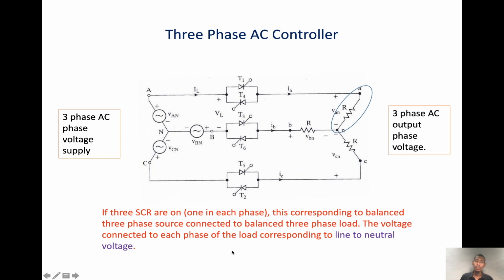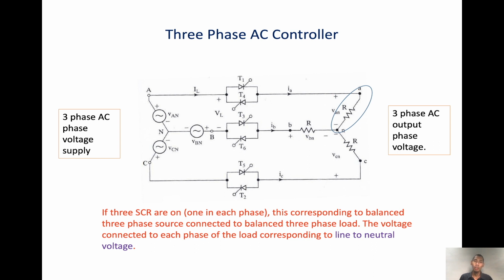In the case of 3 thyristors on, this corresponds to a balanced 3-phase source connected to a balanced 3-phase load. The voltage connected to each phase of the load corresponds to the line to neutral voltage.